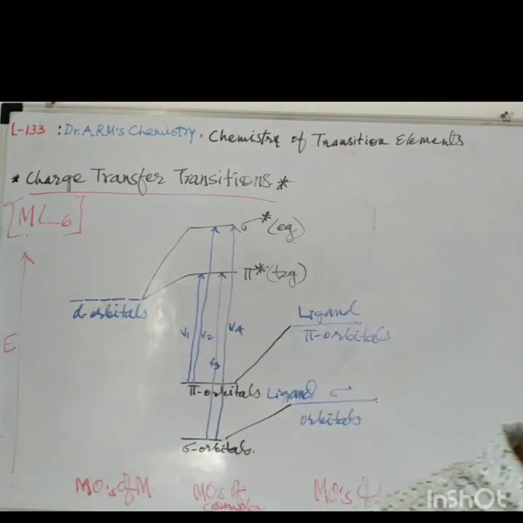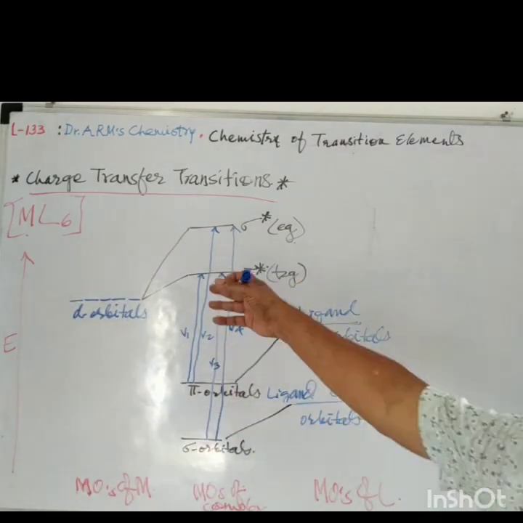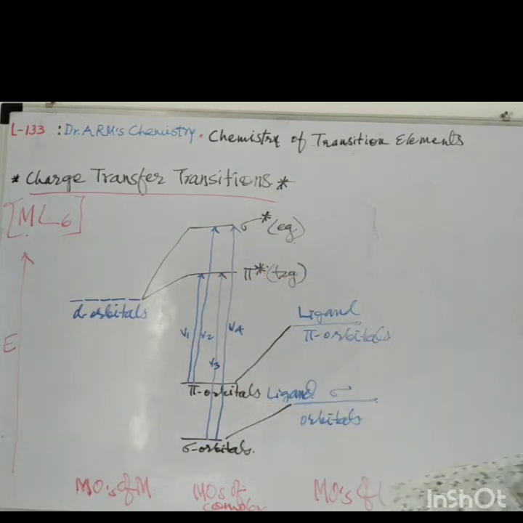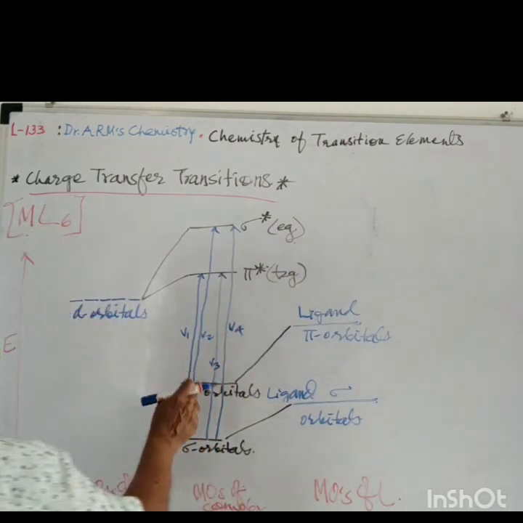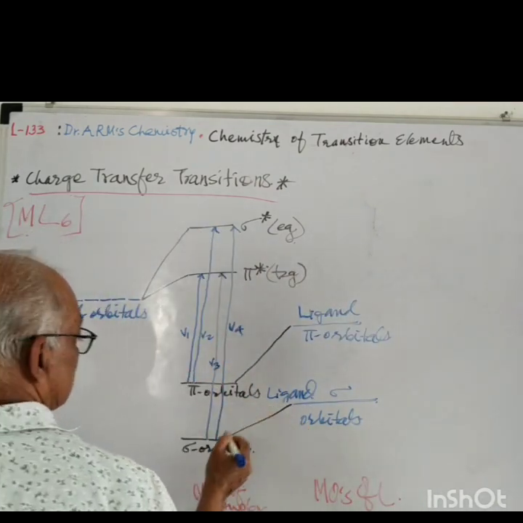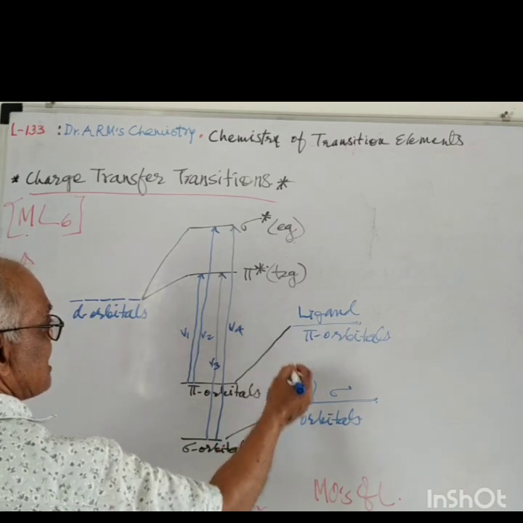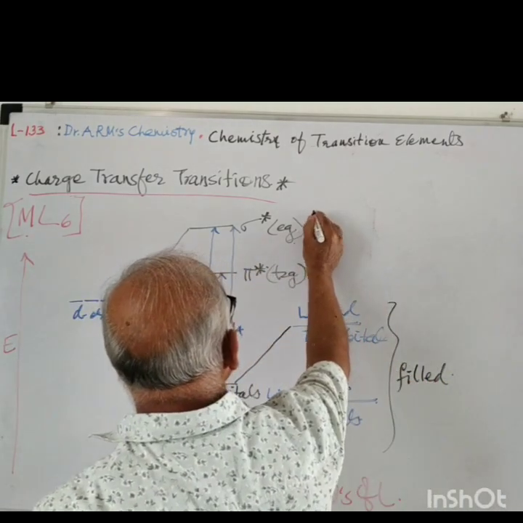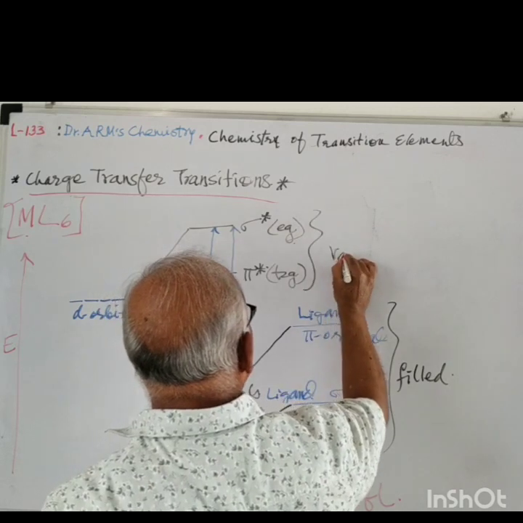So in case of this MX or ML6 type of complex, we observe ligand to metal charge transfer transitions, because the ligand orbitals are filled, and these orbitals are vacant.